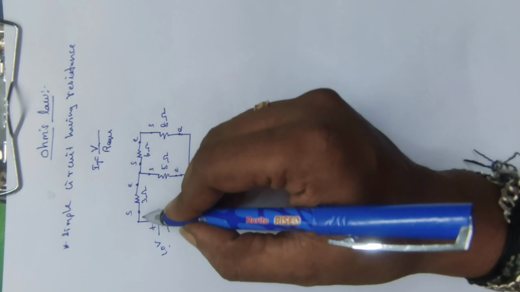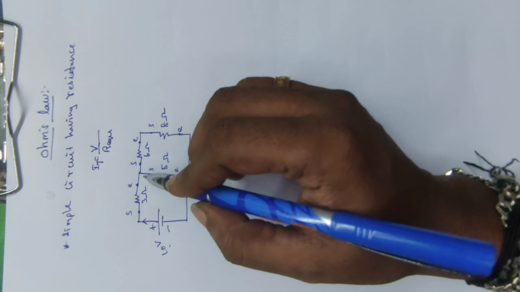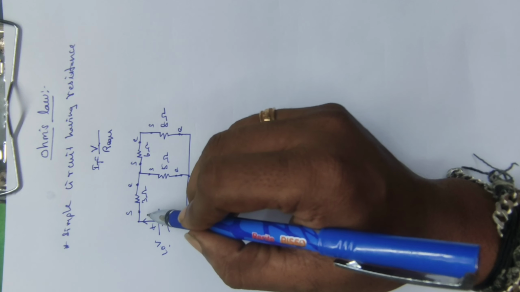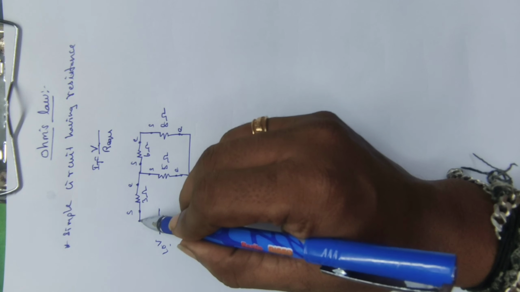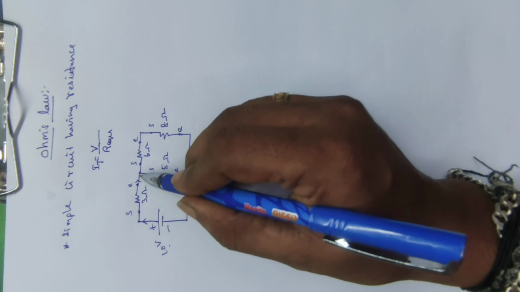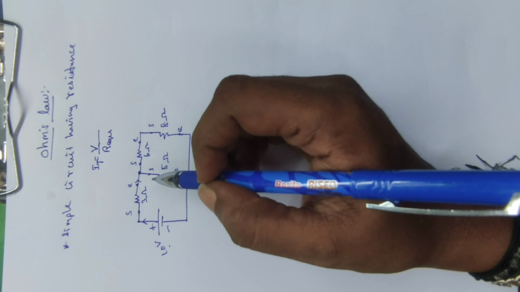From the source we get the total current. That is the actual concept from Ohm's law. For numerical purposes, I call this total current 100% current. This 100% current passes without any change through this resistance and comes down to meet at the junction. It is somewhat like water flow.